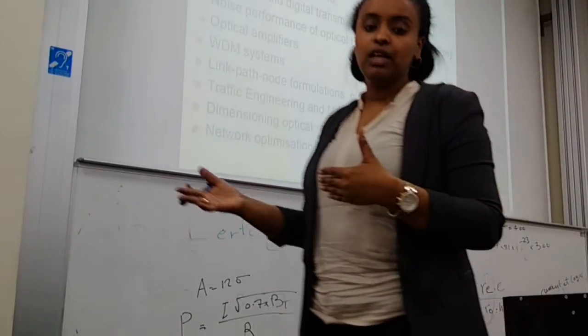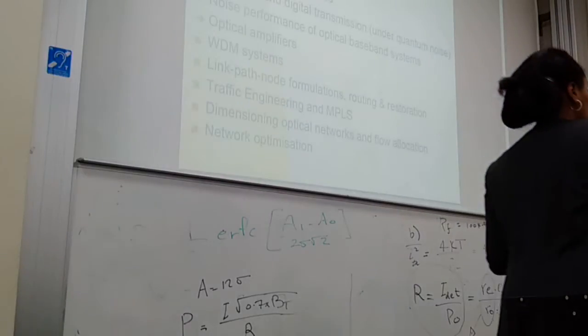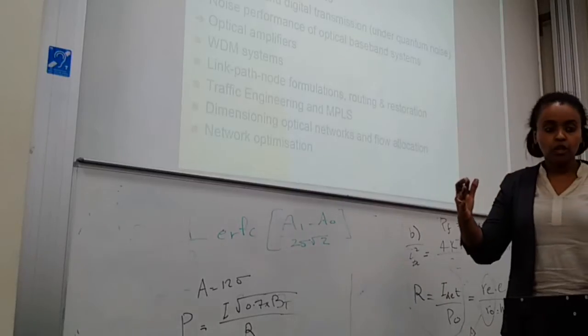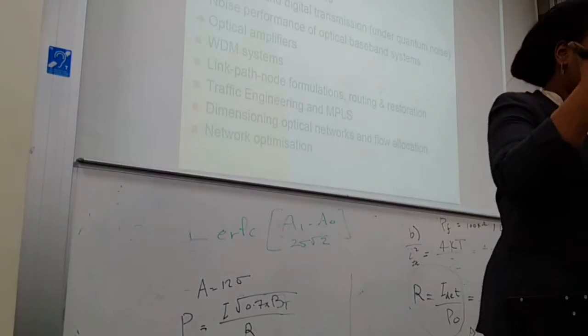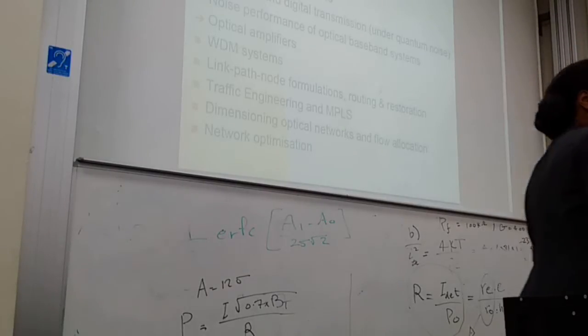Optical regenerators, as we said, involve the optoelectronic conversion, which means that we are limited by the speed of electronic circuits. To maintain or to speed up our system, we need to keep everything in the optical domain.